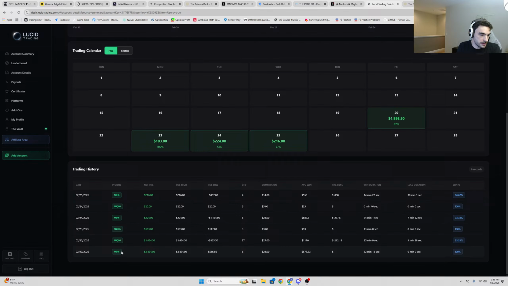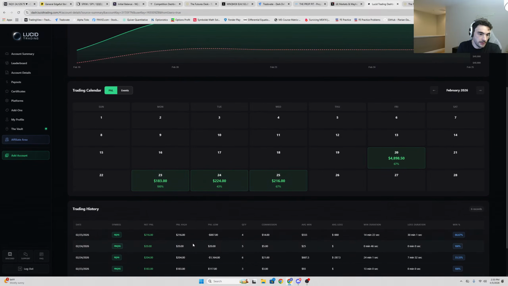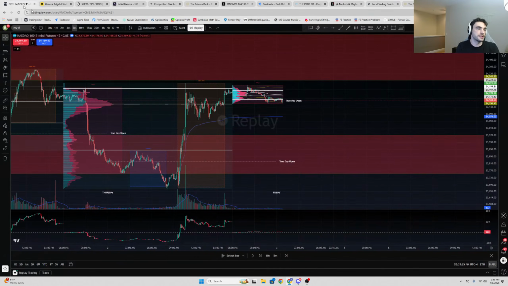On the 20th? So I traded 6 contracts total. I just hit one trade for 3,400, and then I hit another trade for 1,400. So there's just days where I compound the wins, and I bump size up as I start to get winners and build the balance.